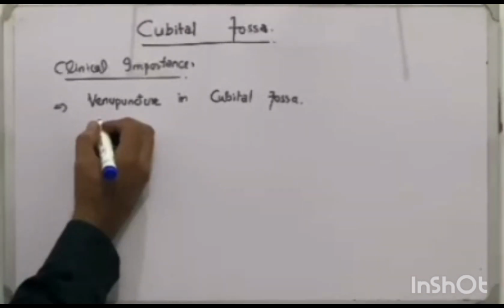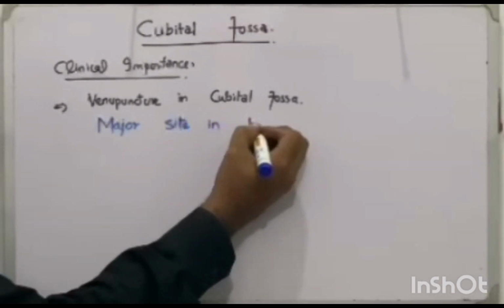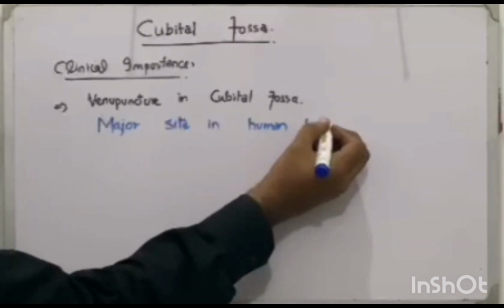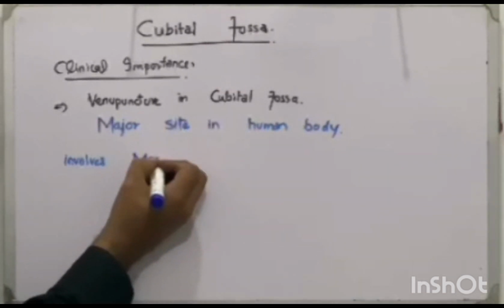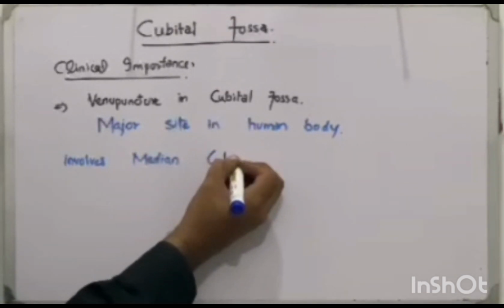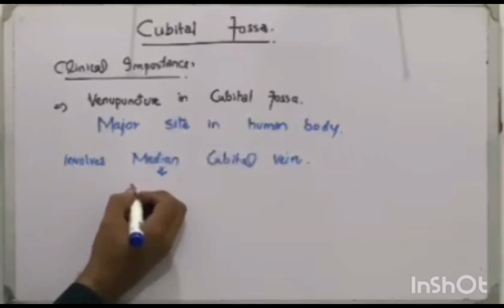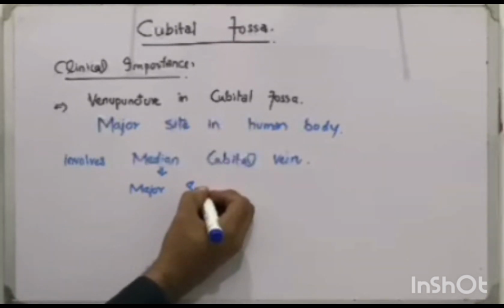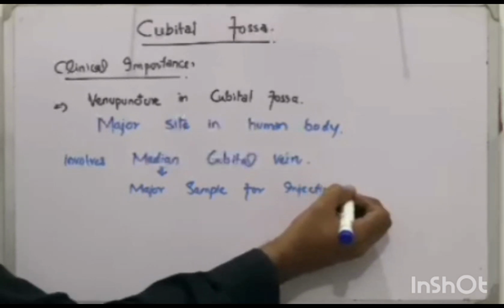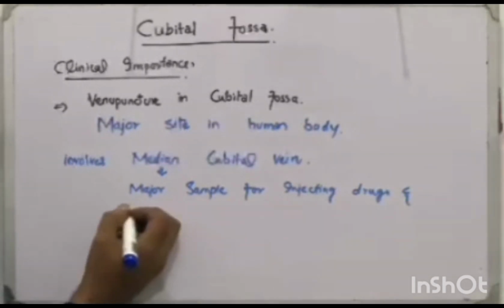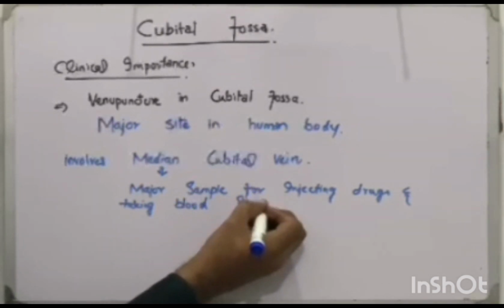Venipuncture in cubital fossa is important because it is the major site in the human body for venipuncture and involves the median cubital vein, which is the major vessel involved in taking samples, and also for injecting drugs, both for injecting drugs and taking blood samples from the human body.